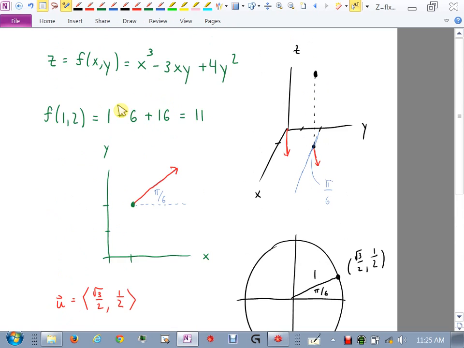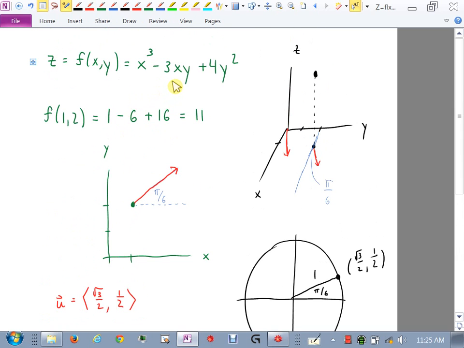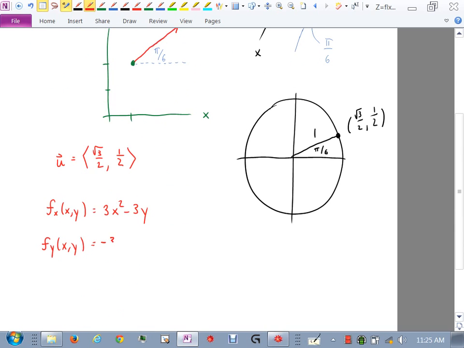What's the partial of this with respect to x? 3x squared minus 3y. What's the partial of this with respect to y? Negative 3x plus 8y, right?